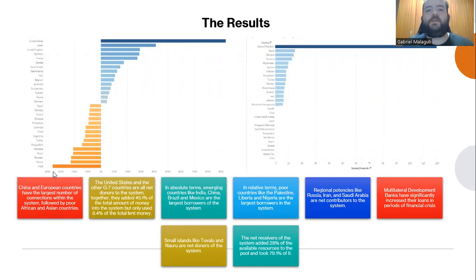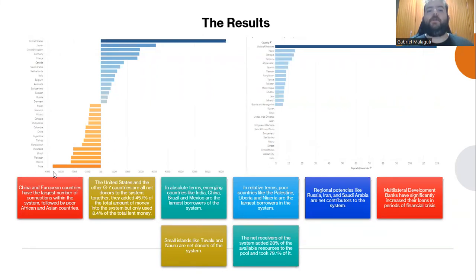However, the poor countries, in net terms, are the ones taking more money. For example, you can see here Palestine and Nepal, which take a lot of money from those resources. And there are a lot of other things that were found during this exam. For example, the most connected countries within the system are the European ones and the poor countries from Asia and Africa.